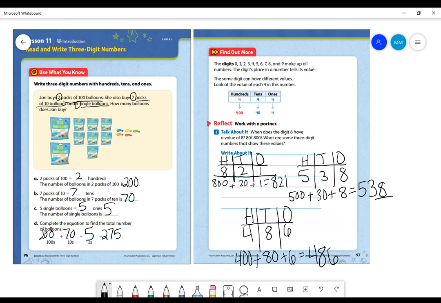So Smarties, even though when we think of counting to 10, we usually think of 8 being bigger than 2, when we're talking about 2 and 3-digit numbers, we have to think of its value. So in our first problem, we had 8 in the hundreds place. In our second problem, we had 8 in the ones place. And in our final one, we had 8 in the tens place. Its value was different in each equation.